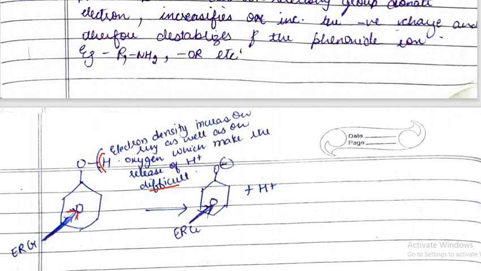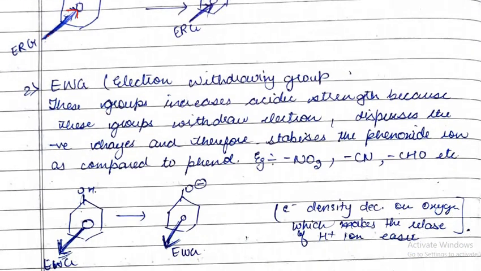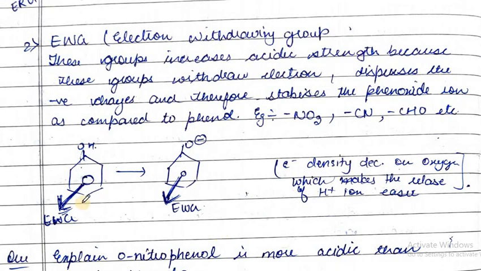While on the other hand, electron withdrawing groups withdraw electrons. In turn, these electrons are displaced towards the ring, and in turn these electrons move towards oxygen. So the release of H positive becomes easy.